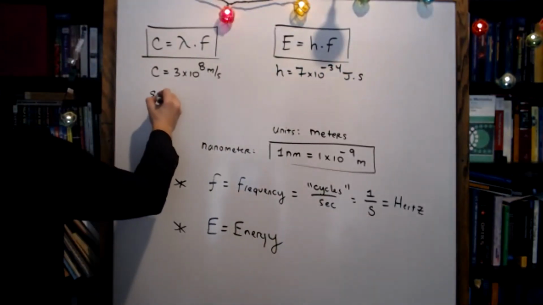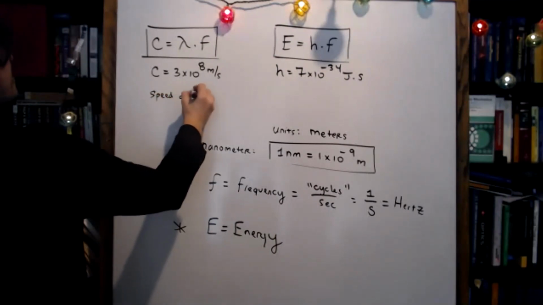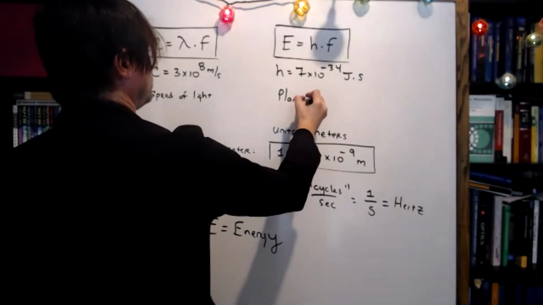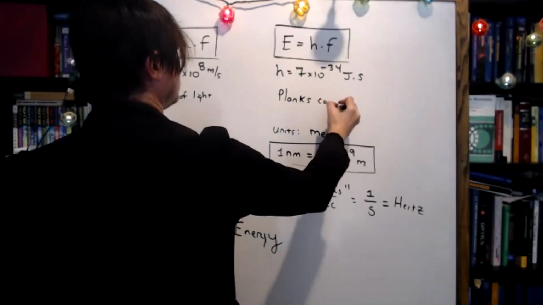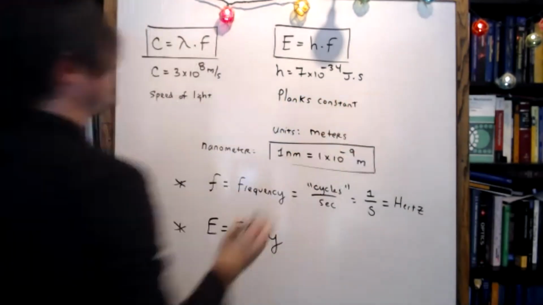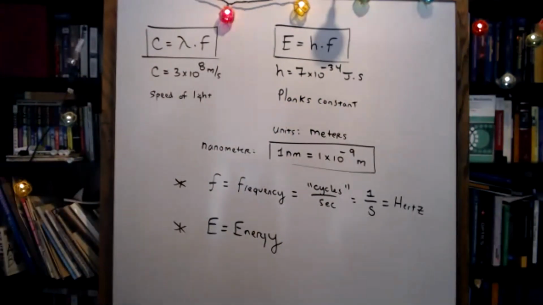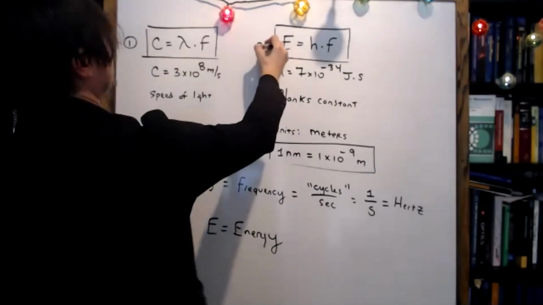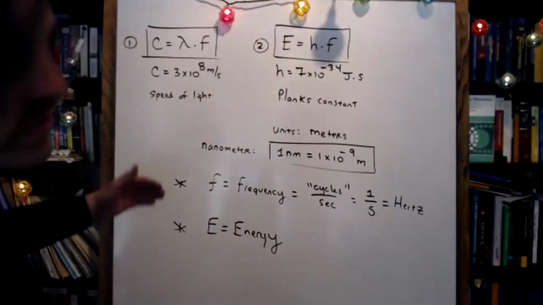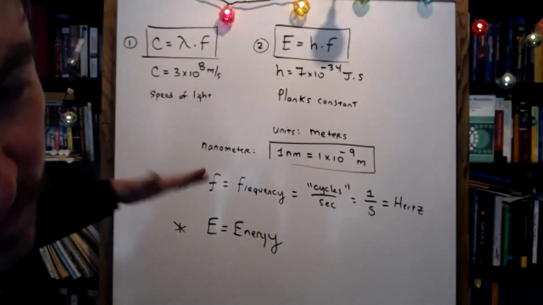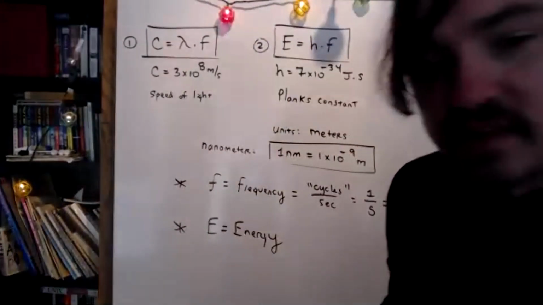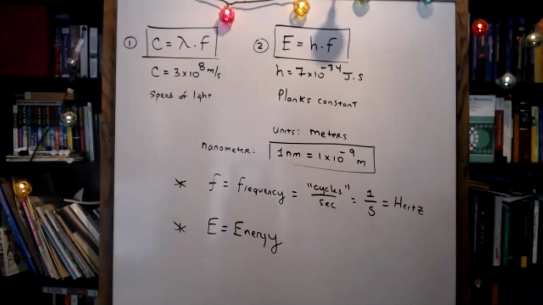So this is the speed of light, and this is a constant called Planck's constant. Taken together, these formulas, which I'll call number 1 and number 2, can be used to relate a piece of light's frequency, energy, and wavelength. I, of course, have to teach you more about these concepts, but for now, I'm just going to leave it there.